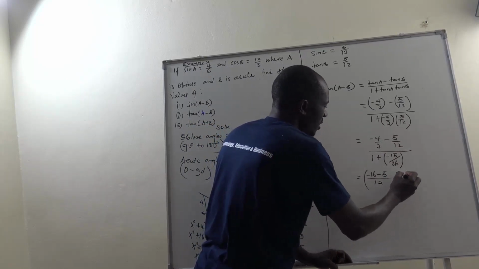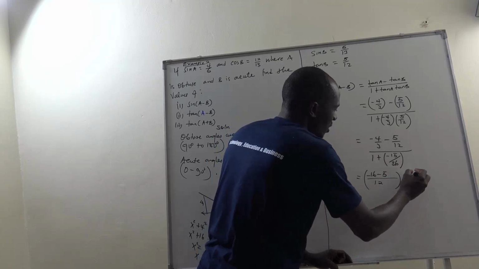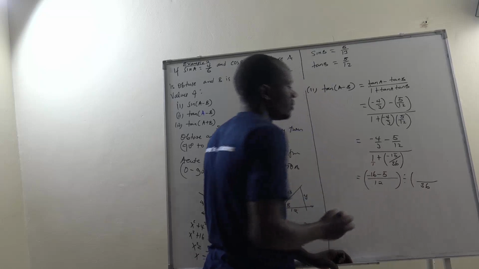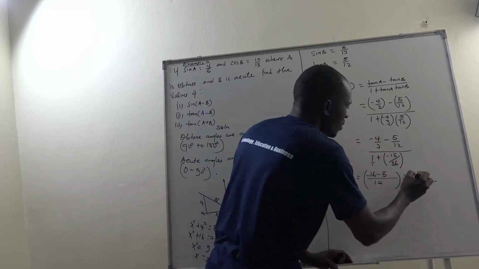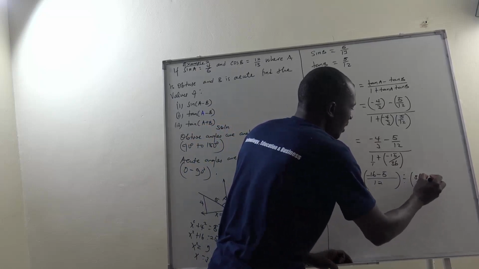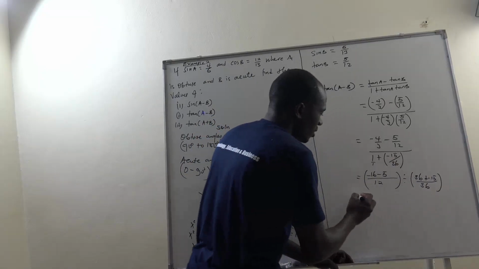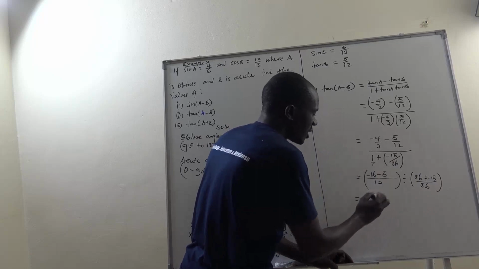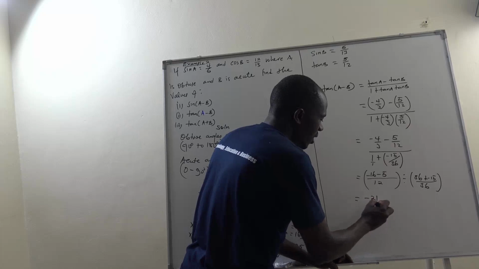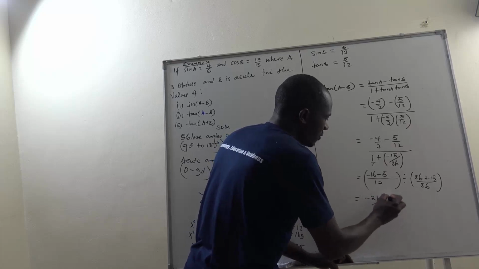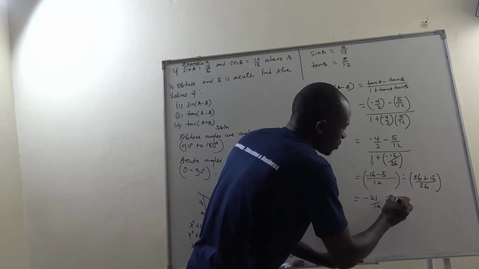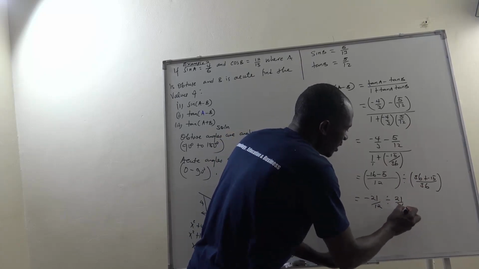So we are also again dividing by, what is the LCM here? 36. 36 divided by 1, we are getting 36 times 1, 36. Plus negative 15. Negative 16 minus 5, we are getting negative 21 out of 12. We say divided by 36 minus 15, we are coming out with 21 out of 36.